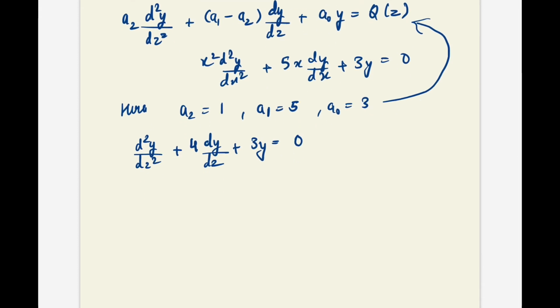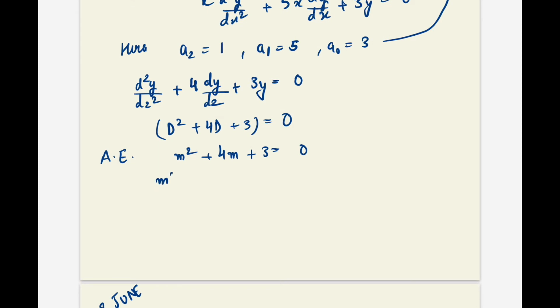Now we write the auxiliary equation as D square plus 4D plus 3 is equals to 0, m square, this is the auxiliary equation, m square plus 4m plus 3 is equals to 0.